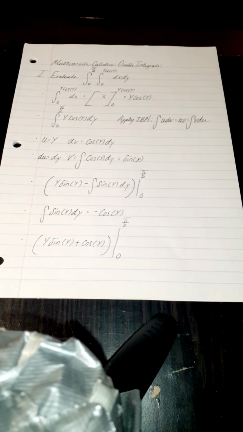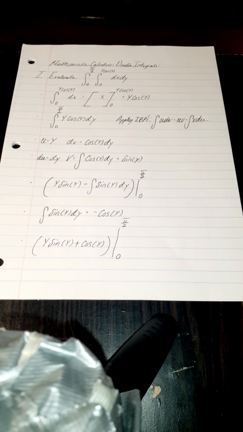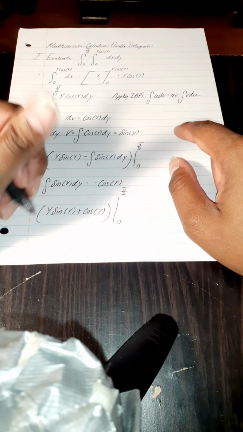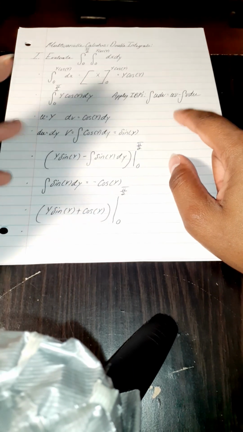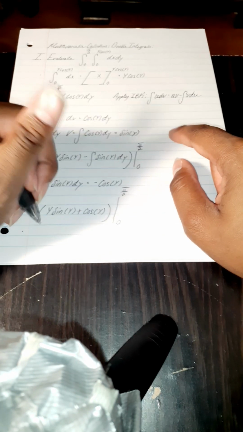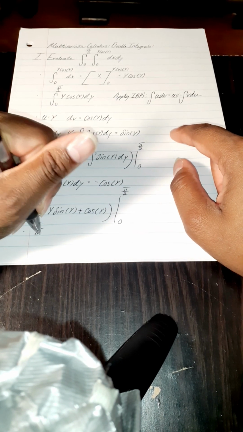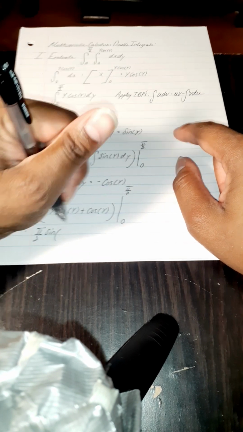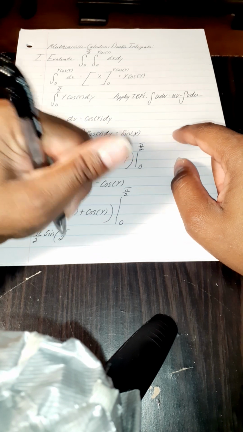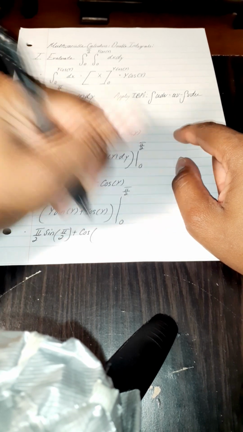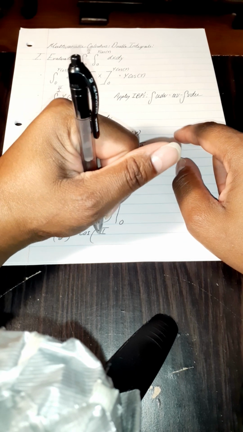So all you do next is apply the fundamental theorem of calculus. You sub in the pi over 2 first, and you subtract from that whatever you get when you plug in 0. So this would be pi over 2 times sine of pi over 2 plus cosine of pi over 2. Okay.